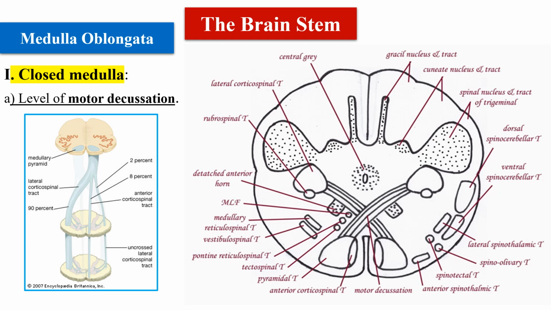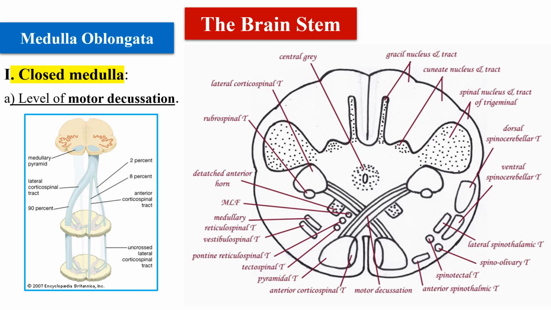Let's go to the diagram on the right side. This is closed medulla, the level of motor decussation. How can I know? Here I can see that the gracile and cuneate nuclei are not well developed, but the tract of gracile and the tract of cuneate are more developed. That is number one feature.